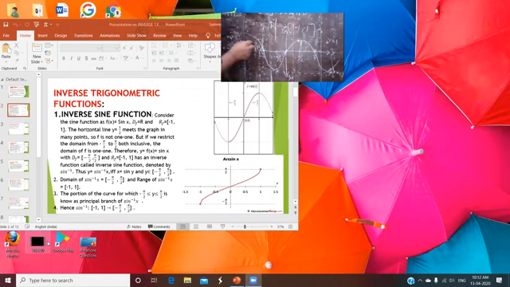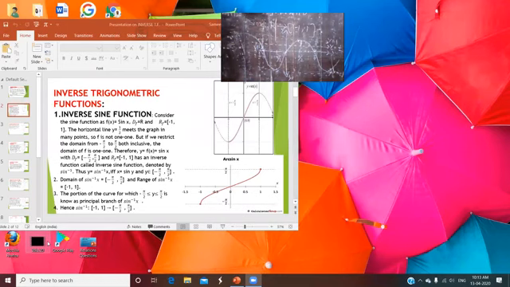Now, suppose you draw a line parallel to the x-axis at the midpoint, so y is equal to 1 by 2. If you draw the line y equal to 1 by 2, a horizontal line parallel to the x-axis, you see that for the entire curve the line intersects it at so many points.